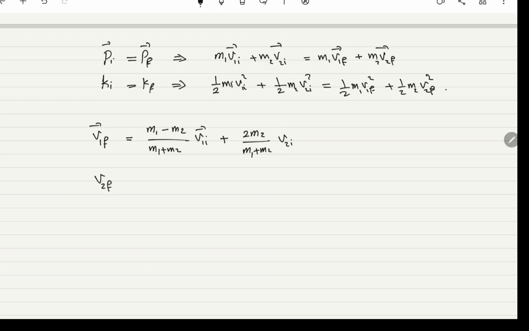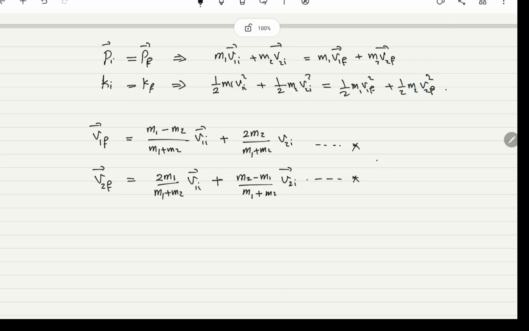And v2 final equals 2m1 over (m1 plus m2) times v1 initial, plus (m2 minus m1) over (m1 plus m2) times v2 initial. In other words, these two equations are the solution for the two original equations.